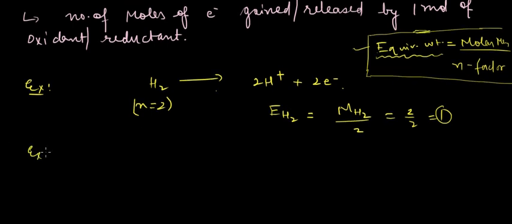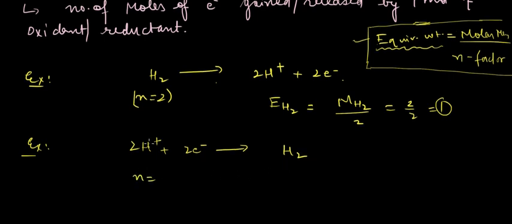Next example: we have 2H+ plus 2 electrons from H2 gas. So the n factor here would be, rather, molar mass divided by number of electrons gained, which would be only 1, so the n factor would be 1.